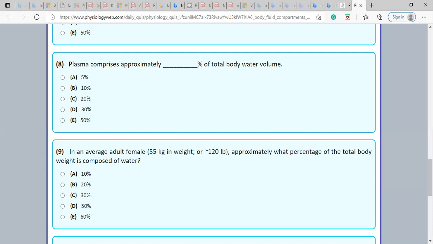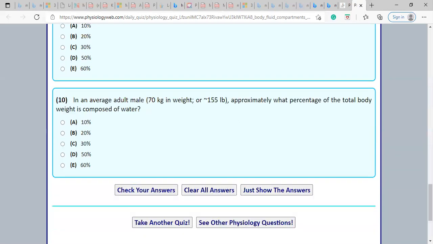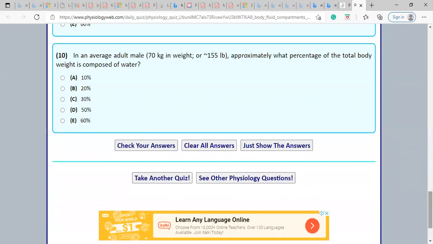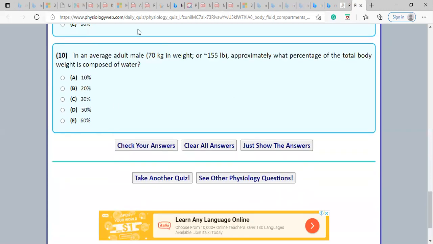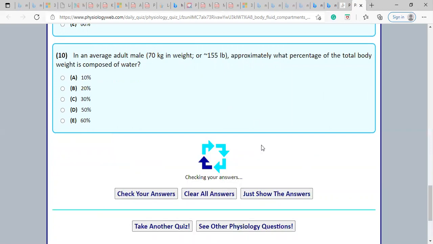So 60% of 70 gives you 42 liters. But this person is 55 kg. In an average adult male, 70 kg, 60%. Okay, good. I think it's the same question, but that one, the person is 55 kg. So let's check your answers.